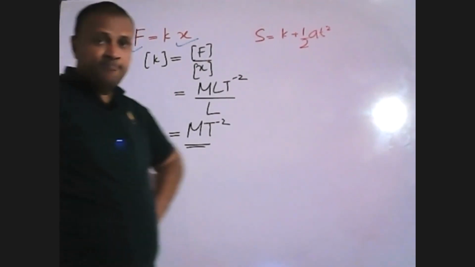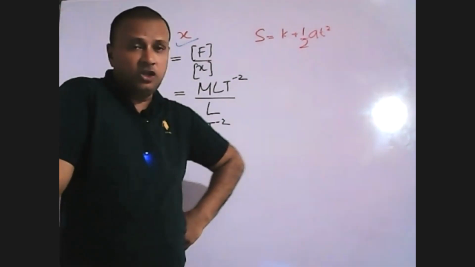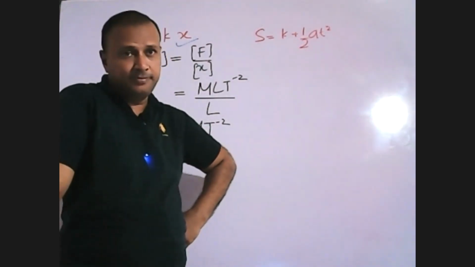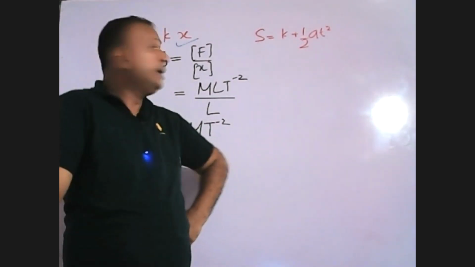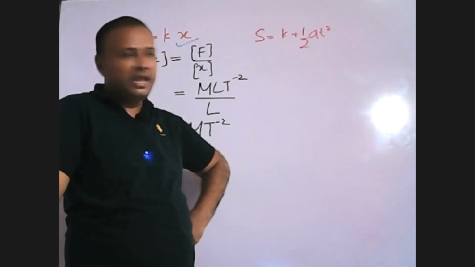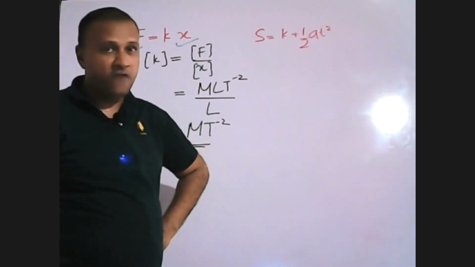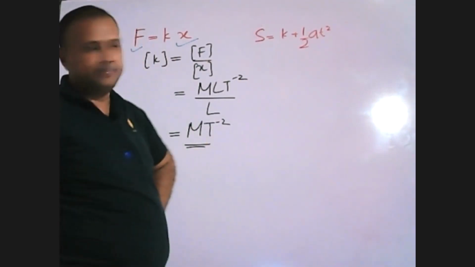You are given s is a displacement, a is an acceleration and t is a time. Then you have to find the dimension of k. How to find that one? Can anyone propose a method?